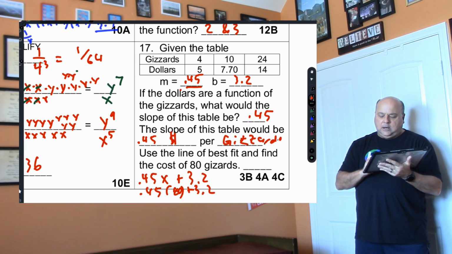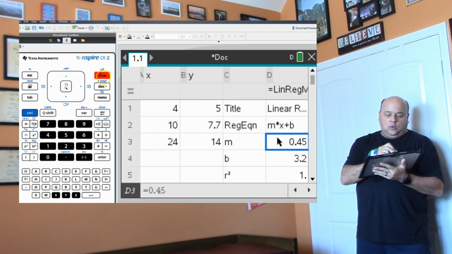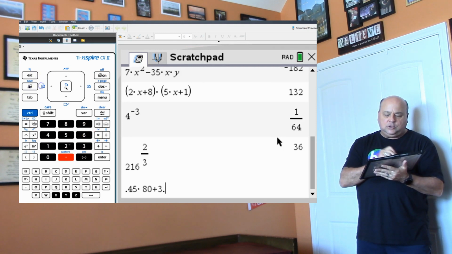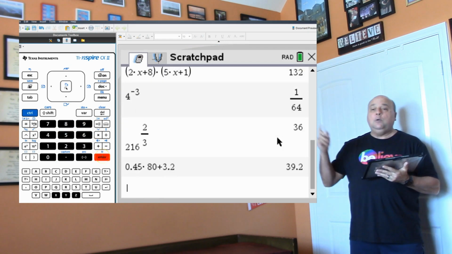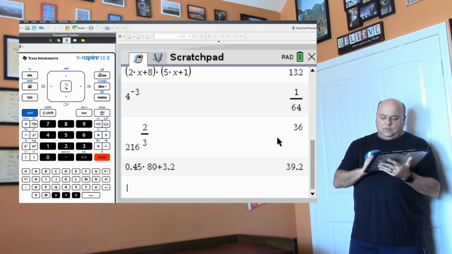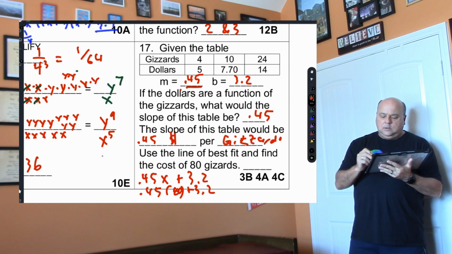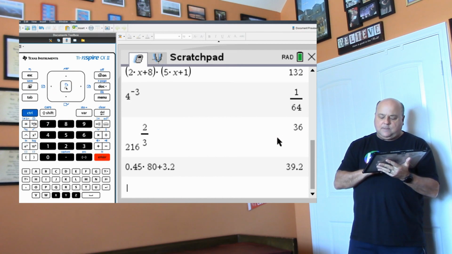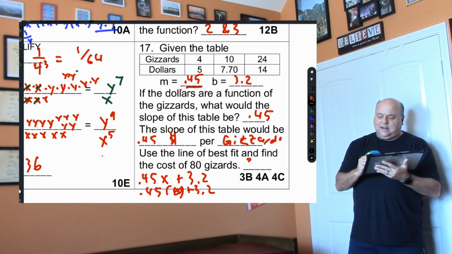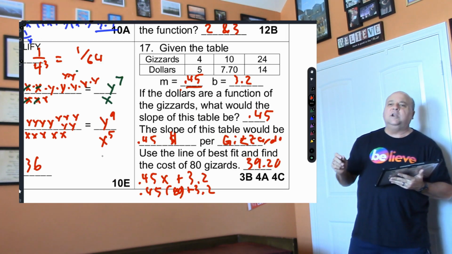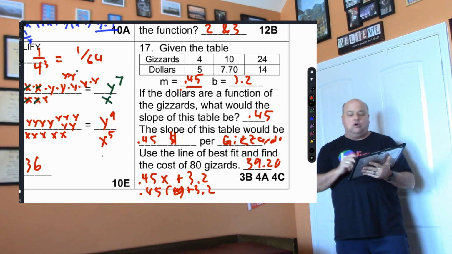So we're going to go to our calculator, hit Home, A, 0.45 times 80 plus 3.2, enter, and it would be $39.20 for 80 of them. Talk about a great Super Bowl snack.